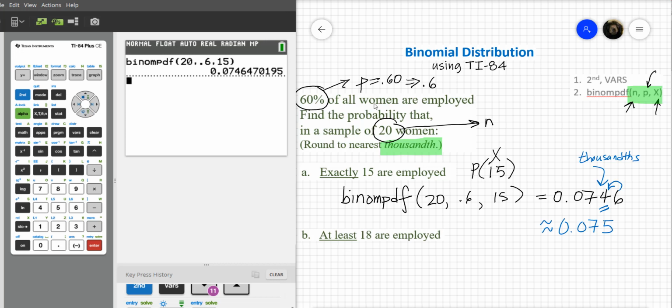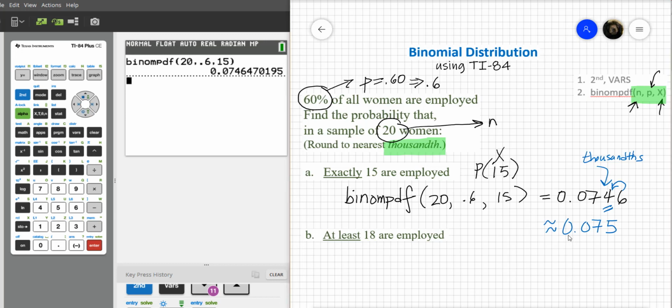Next, in the same scenario, if you're asked to find the probability that at least 18 are employed, then that scenario would be the probability of 18 being employed plus the probability that exactly 19 are employed plus the probability that 20 are employed.